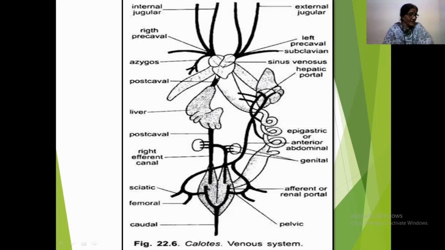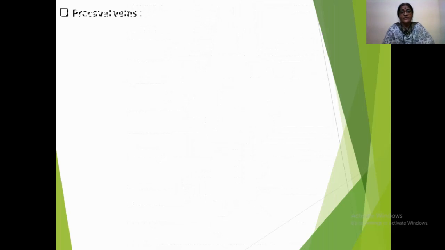Each precaval vein is formed by the internal jugular, the external jugular, and the subclavian vein of its side. Thus, these two precaval veins and one postcaval vein collect all the deoxygenated or the venous blood from their respective body organs and finally discharge into the sinus venosus, which is the main collecting chamber.